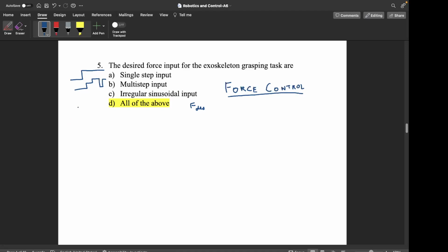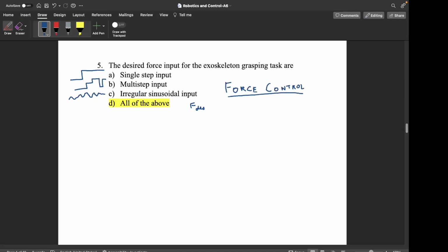So this could be irregular, some random trajectory. Basically the shape of the desired input force would vary from task to task. So all of the above is the right answer here.